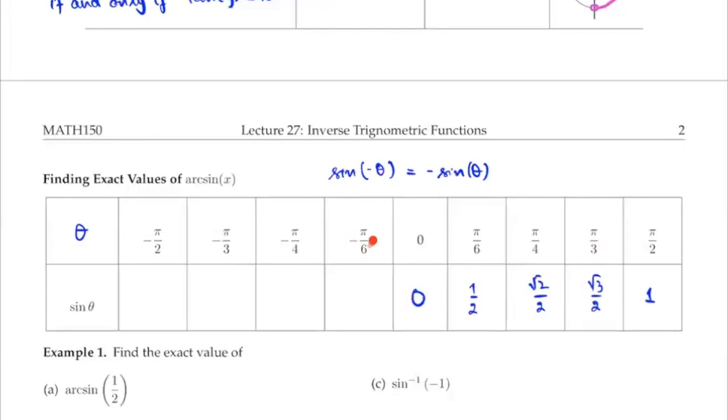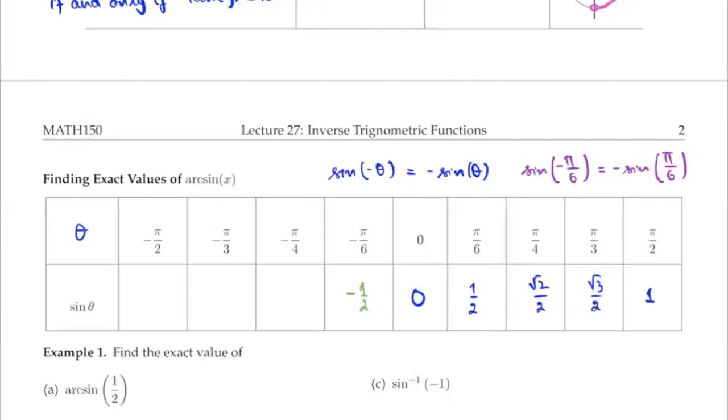So for instance, sine of negative pi over 6 is going to be equal to negative of sine of positive pi over 6. And you know the value of sine of pi over 6, so just put in a negative sign and you get the answer for sine of negative pi over 6. So that is, sine of negative pi over 6 is negative 1/2.